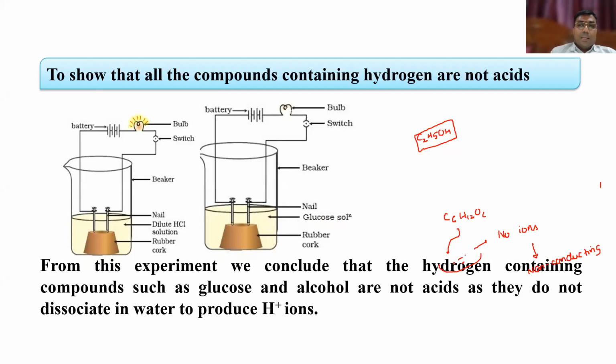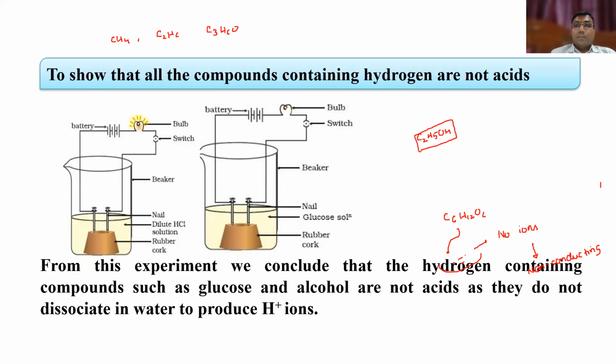There are many compounds which contain hydrogen. You can't say all are acids. For example, I'll show you. Listen here, I'm writing on the top, CH4 is methane. It contains hydrogen, it is not an acid. C2H6, it is not an acid, students. Are you following? So for example, C3H6O, a ketone, is not an acid.